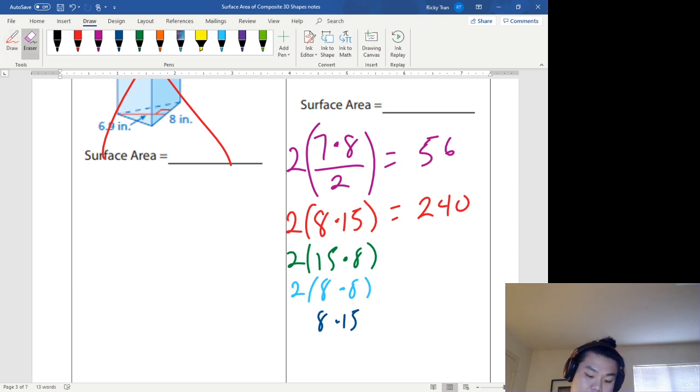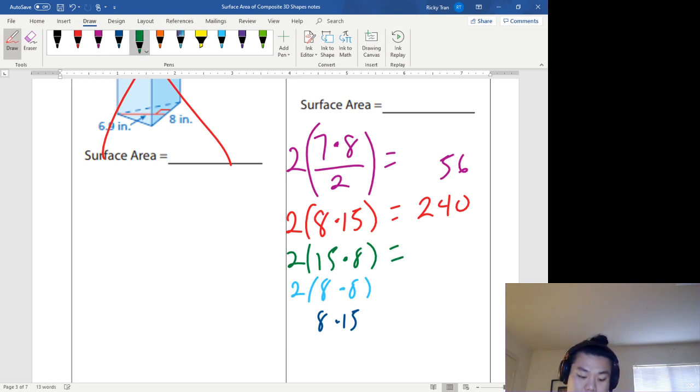I'm going to line this up, 56. Then we have another 8 times 15 times 2, which is another 240. And then here we have 8 times 8, 64 times 2, which is 128. Then we have another 8 times 15, or 120.